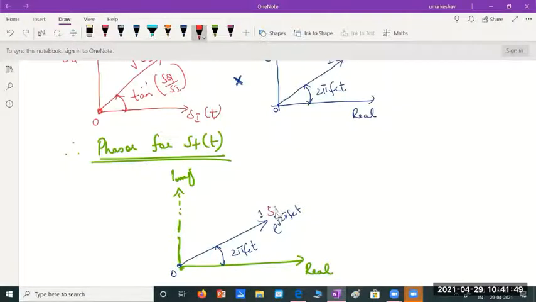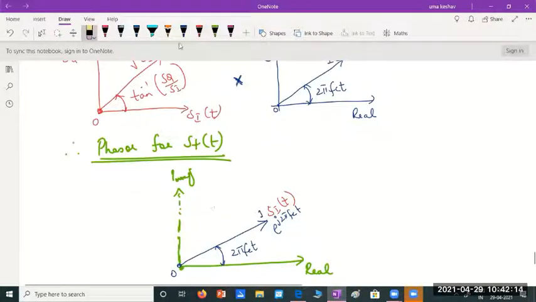The in phase axis, and I have to now consider the quadrature.